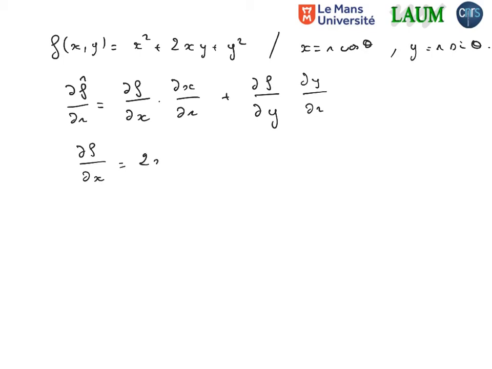So this is 2x plus 2y. So this is 2 times x plus y.